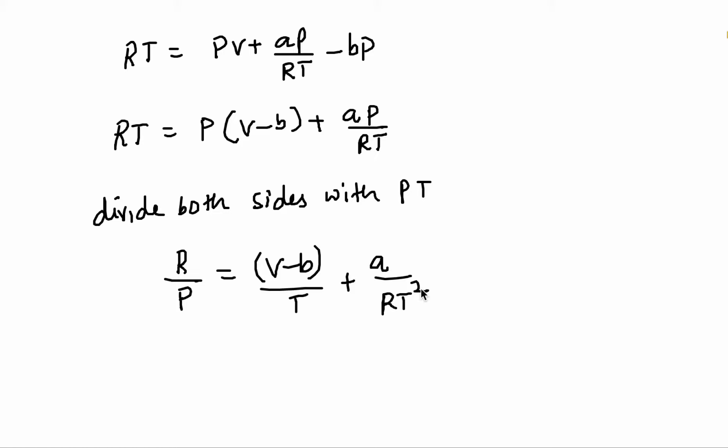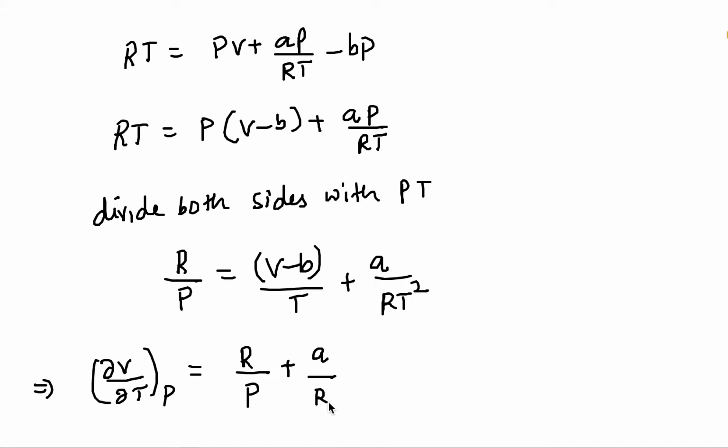Now when we did dou V over dou T at constant pressure, we got an expression R over P plus A over RT squared.